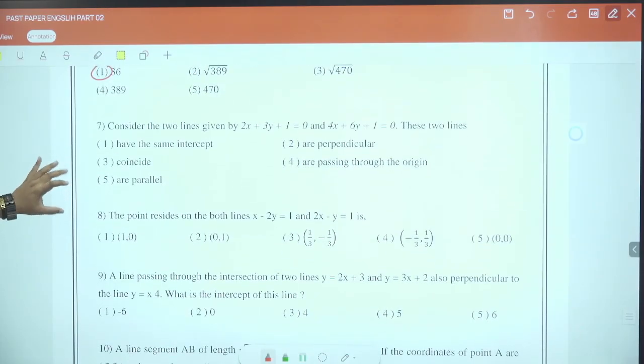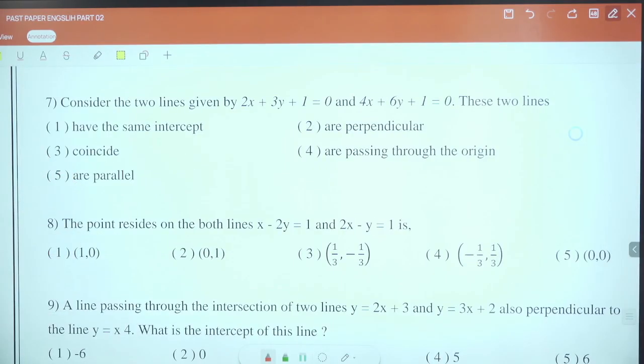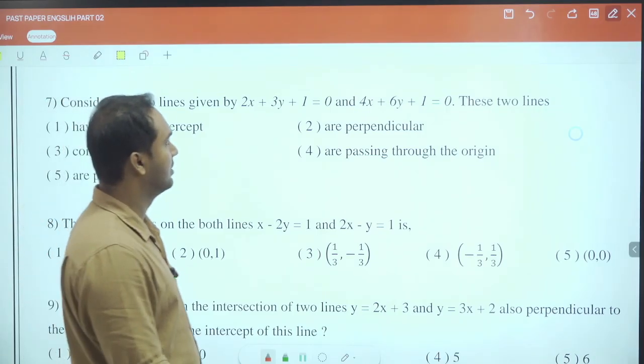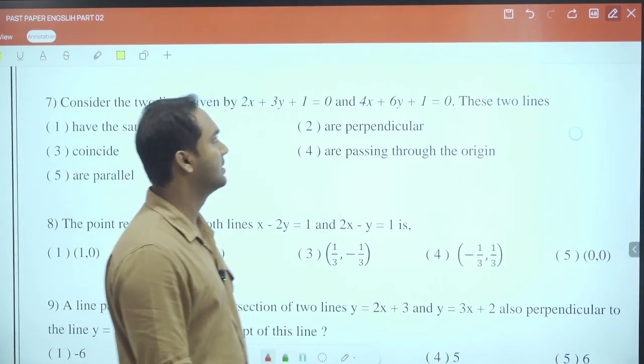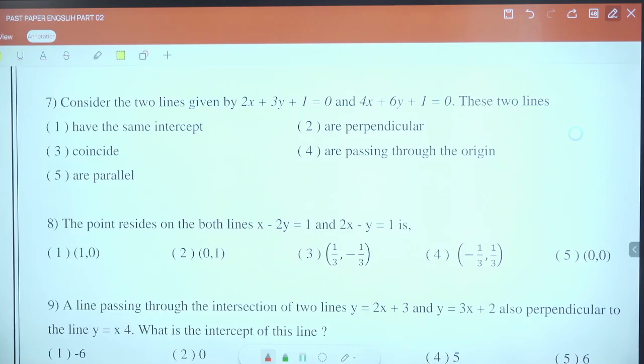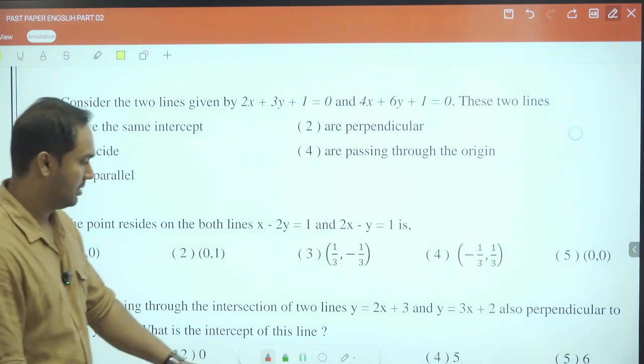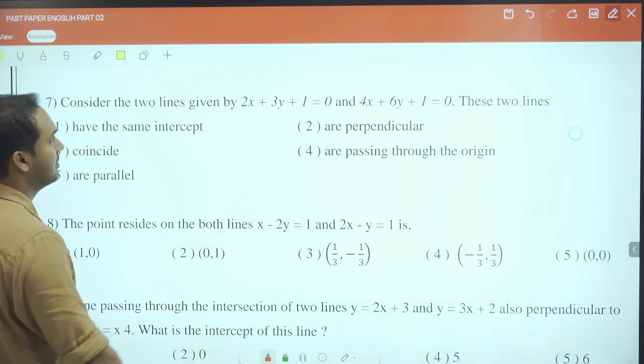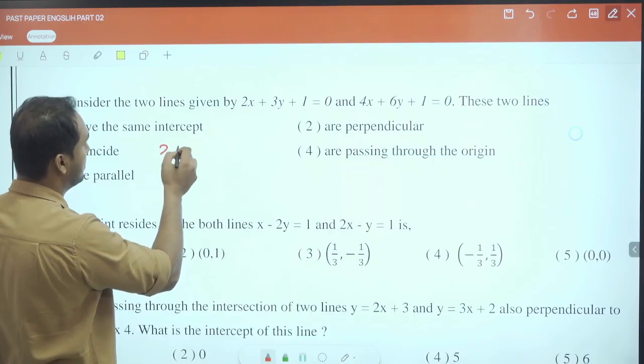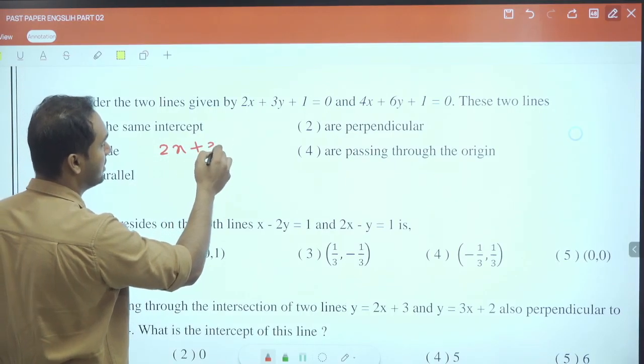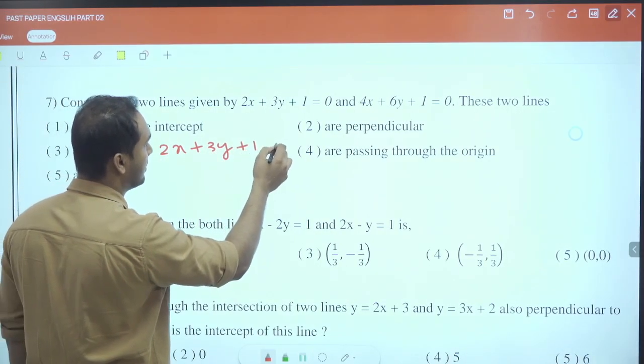7th question. Consider the two lines given by 2x plus 3y plus 1 equals 0 and 4x plus 6y plus 1 equals 0. These two lines, you have to convert into the standard format and compare. So what will be the standard form of this one? 2x plus 3y plus 1 equals 0.